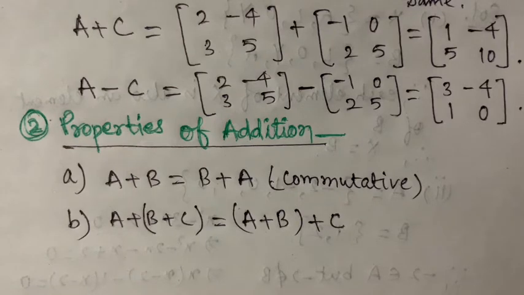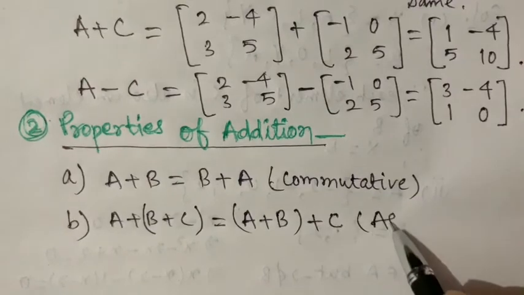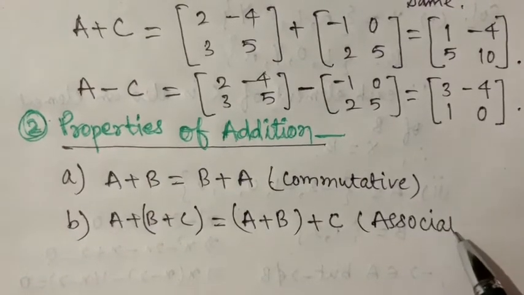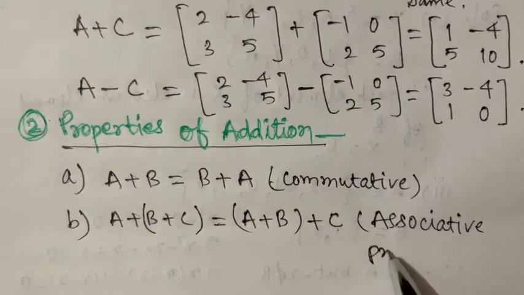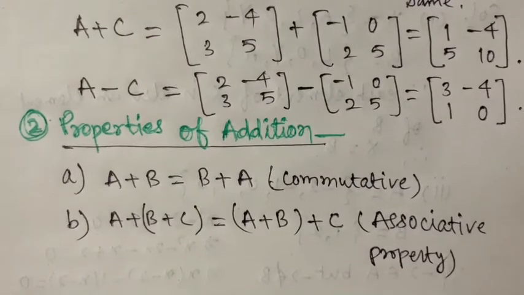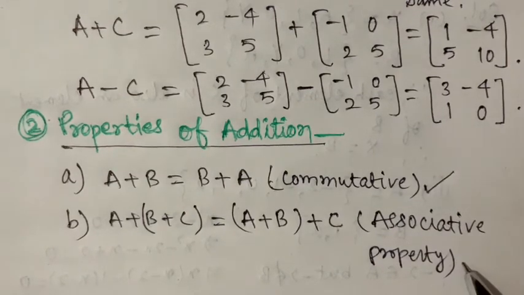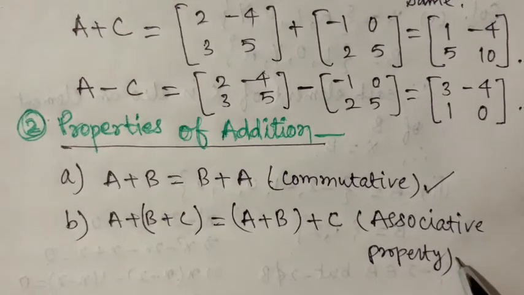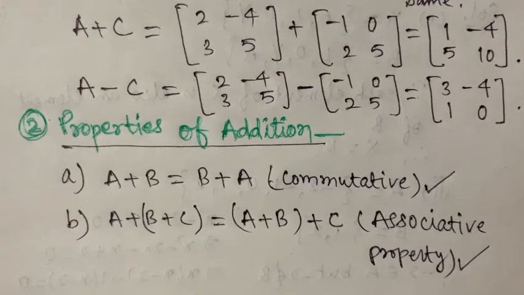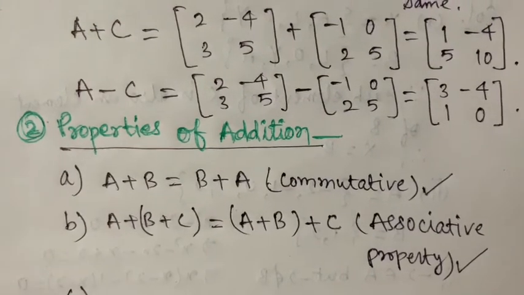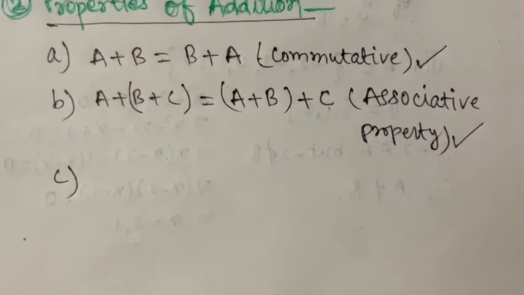If we add second and third number first and then we add the result to the first, the result will be same in both the cases, and this property is known as associative property. That means matrix additions are commutative, matrix additions are associative.